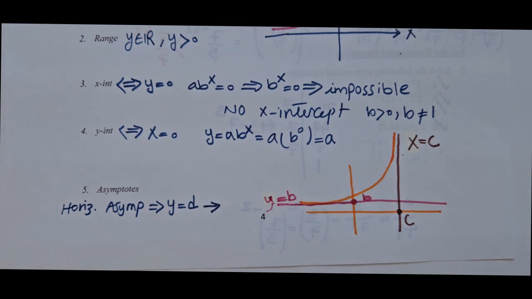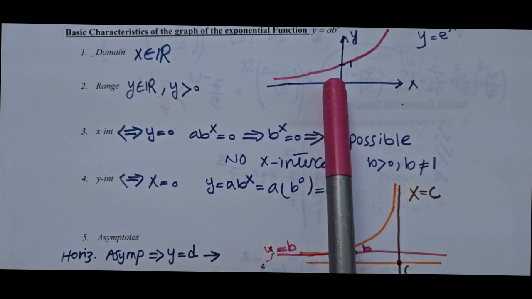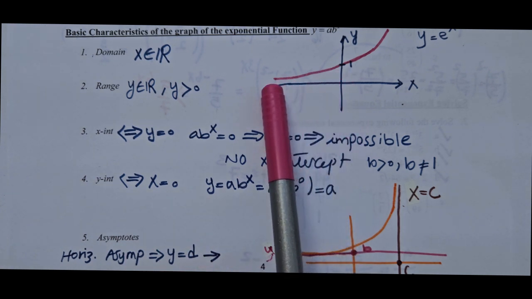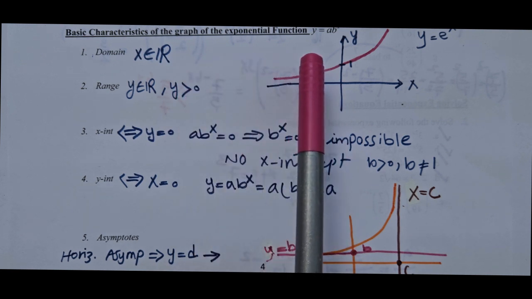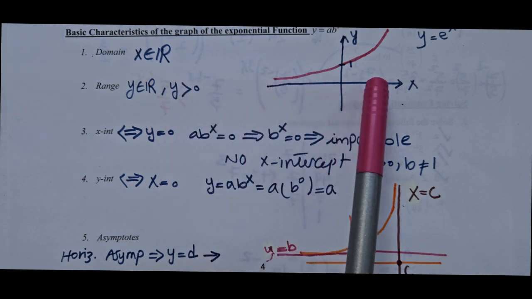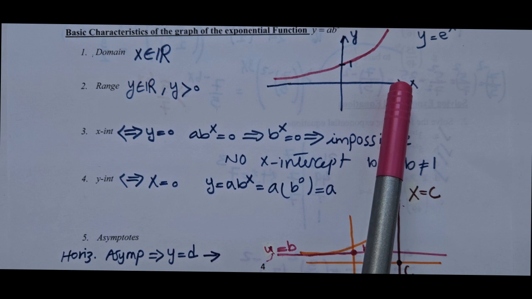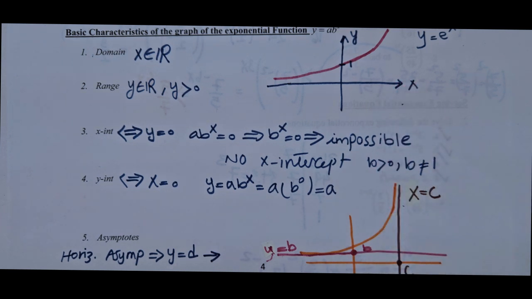Generalizing for the exponential graph we had up here, the asymptote is when x goes to negative infinity, and the curve gets so close to the x axis. As you know, the equation for the x axis is y equals 0.